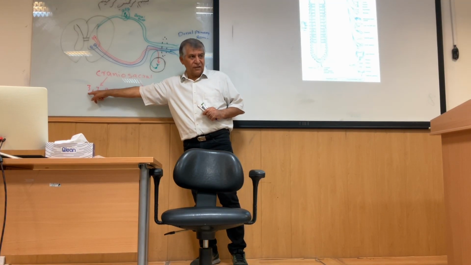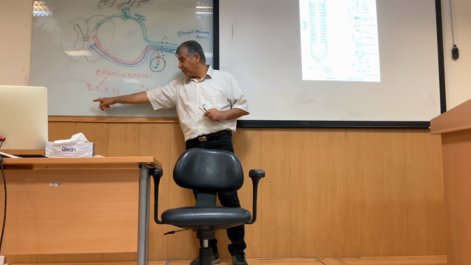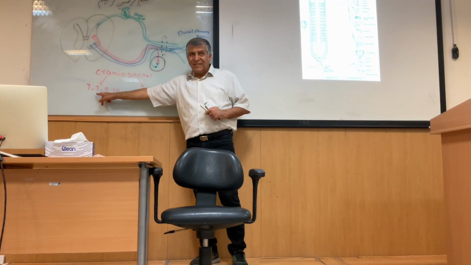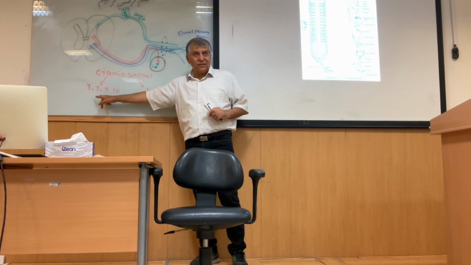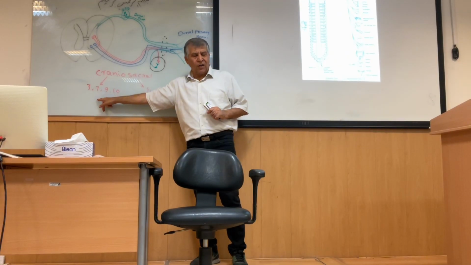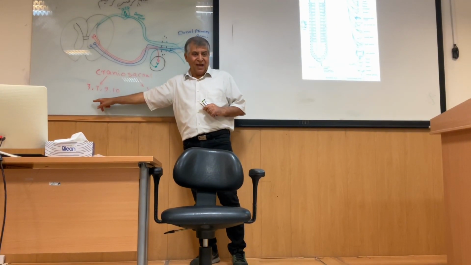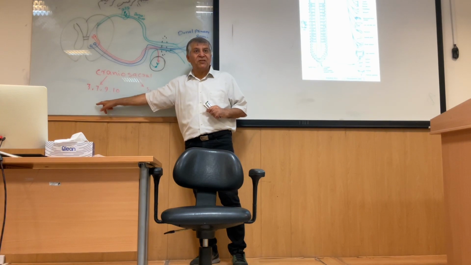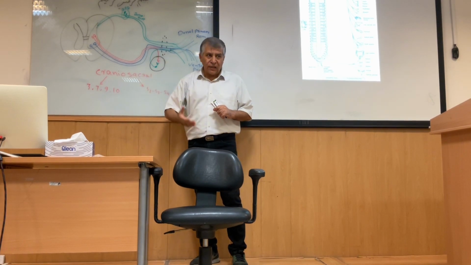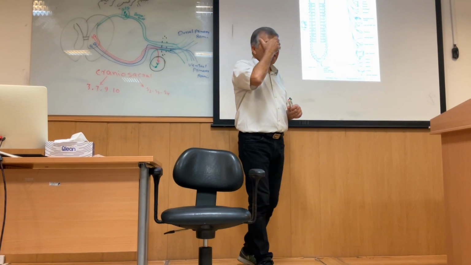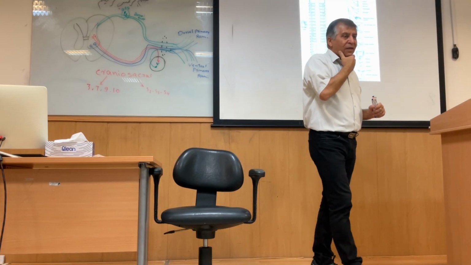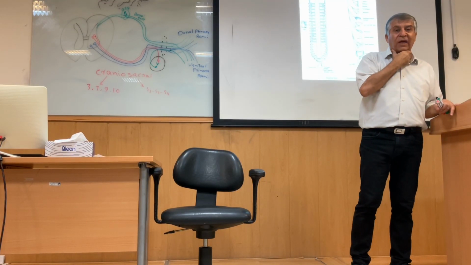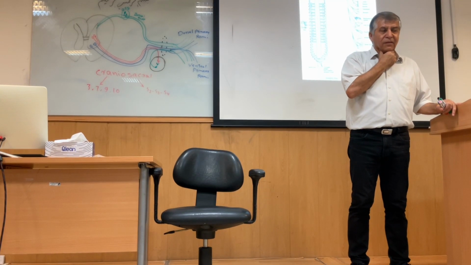The third cranial nerve. The seventh cranial nerve contains parasympathetic fibers for stimulation of secretion of all exocrine glands of the head.